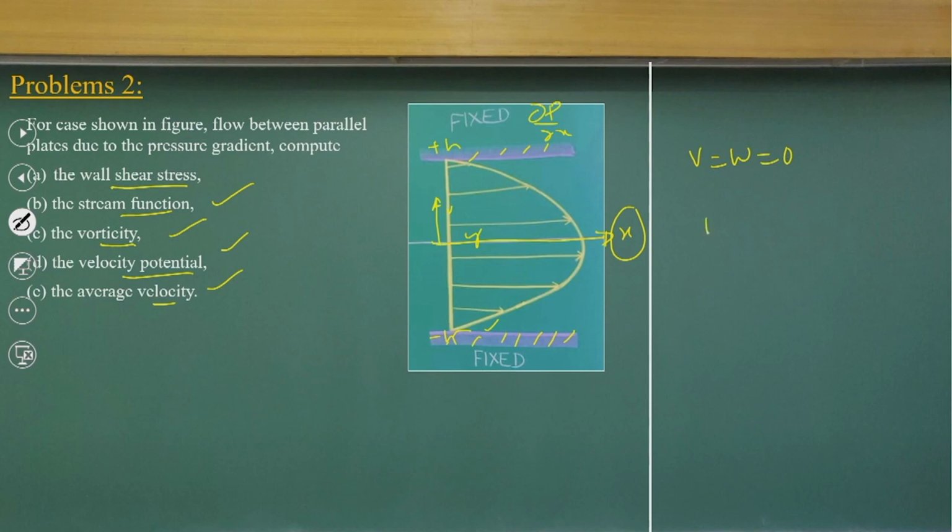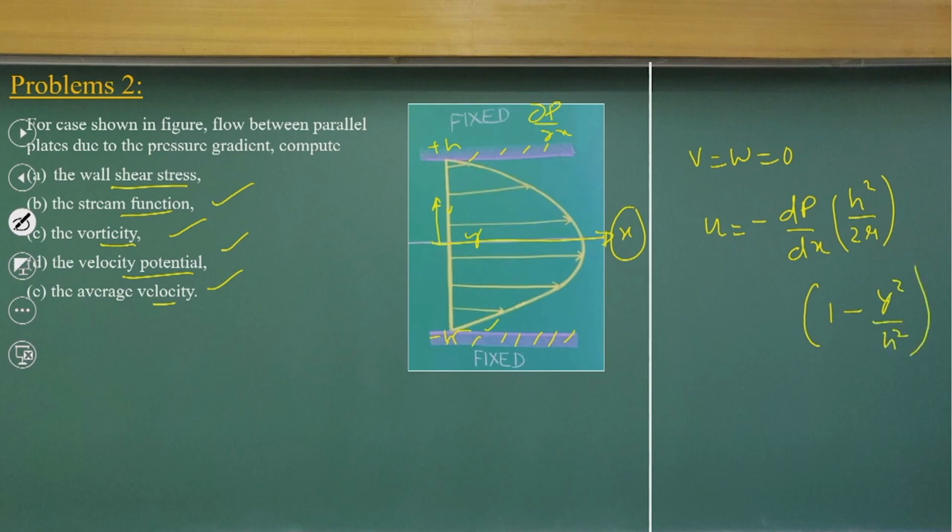We get the u component, that is what we did last class: u equals minus dp by dx times h square by 2 mu times (1 minus y square by h square).